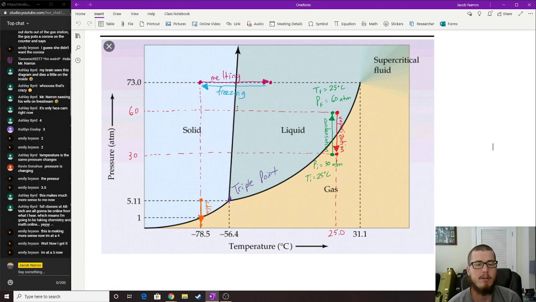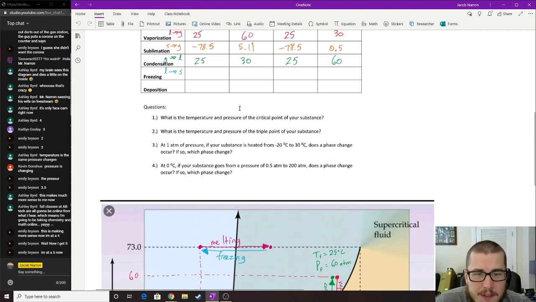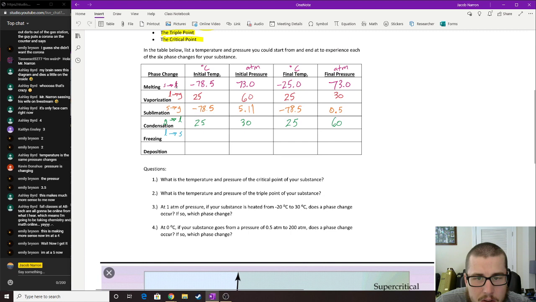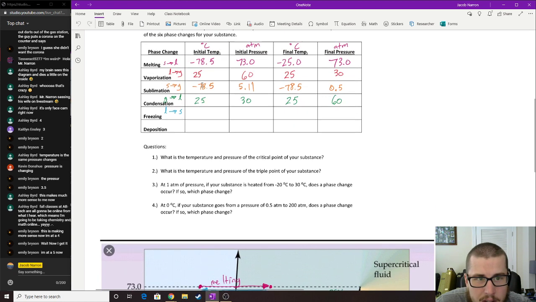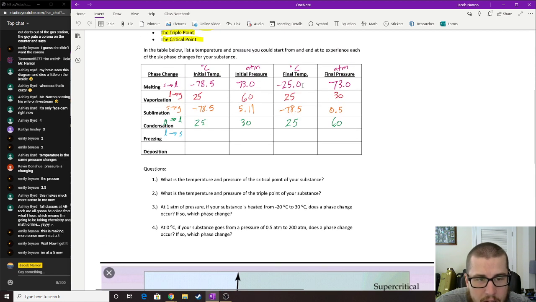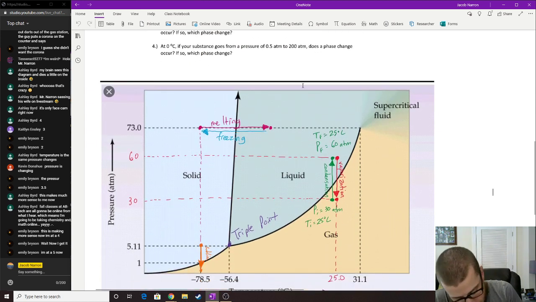Yay! Got you to a 5. But I am a completionist, so I'm going to do this quickly. So freezing is going from liquid to solid. Let's say, what was that initial temperature I picked? I can't remember. Melting. I said it ended at negative 25, was the number I made up. Okay, fine. So TI is going to be negative 25 degrees Celsius.